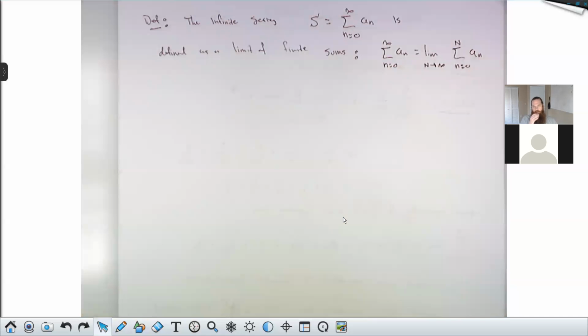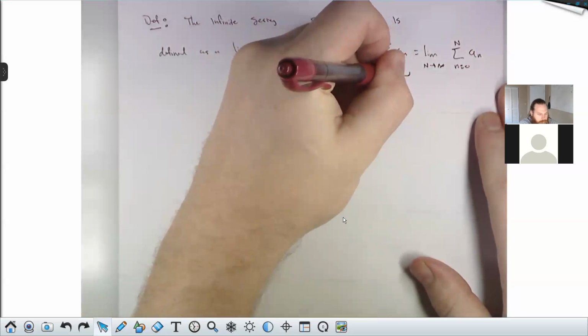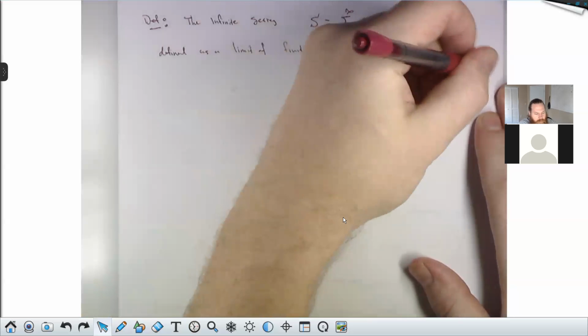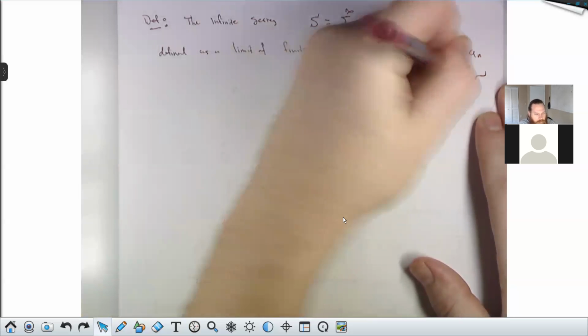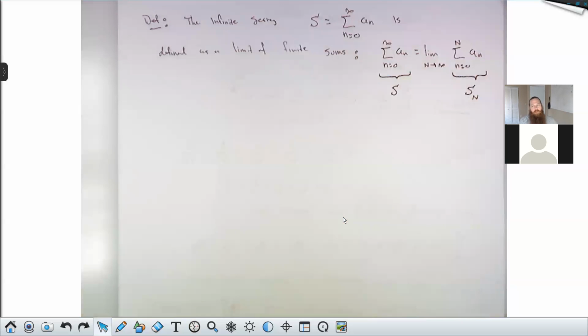This is the definition. This is the object we called S. And the object over here, inside the limit, we call S sub capital N.